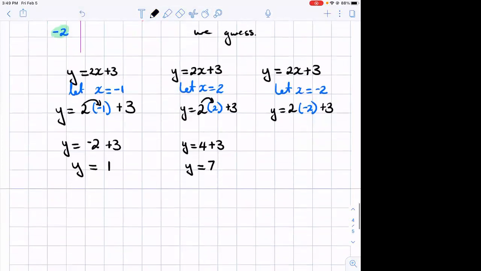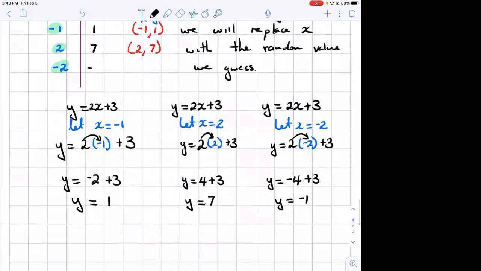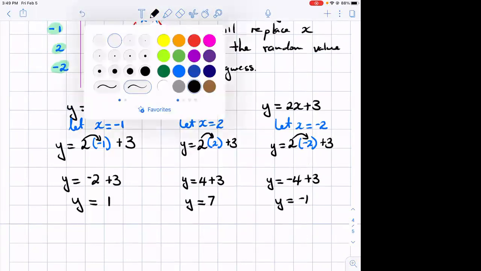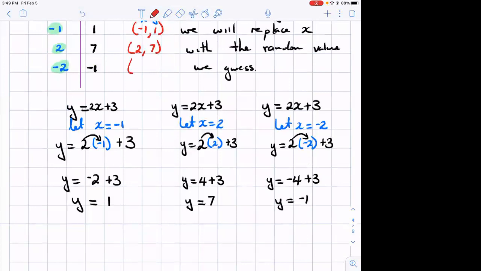And 2 times -2, therefore y is equal to -4 plus 3. Therefore, y is equal to -1. So this point here is -1, and my ordered pair for this one becomes -2, -1.